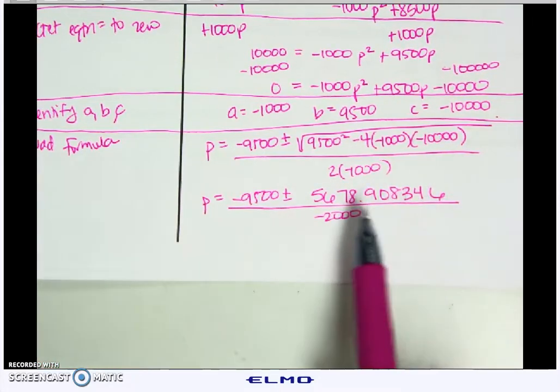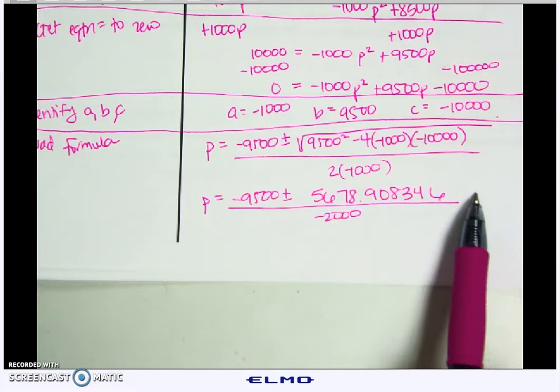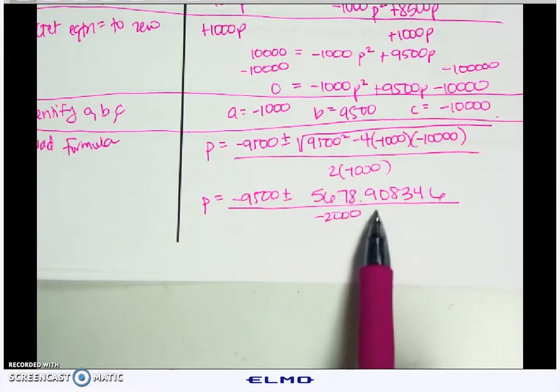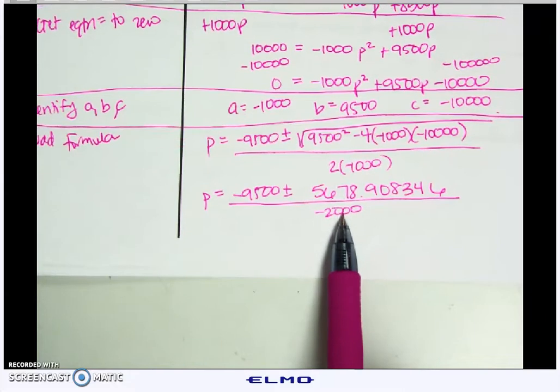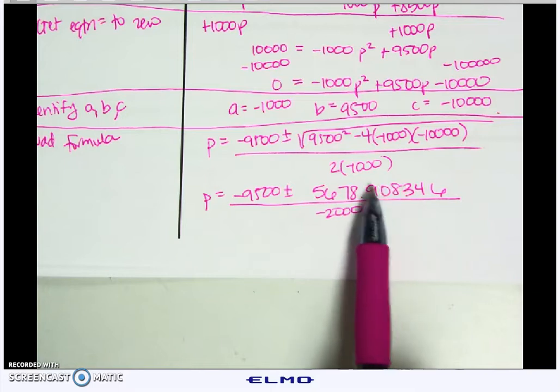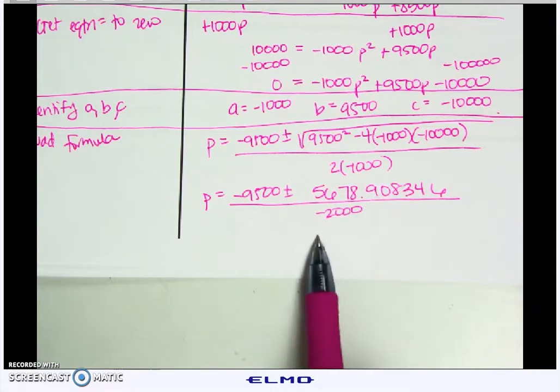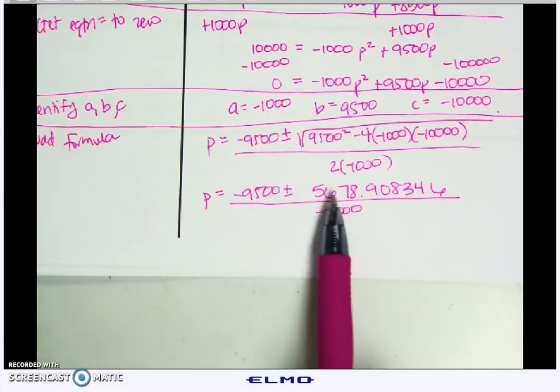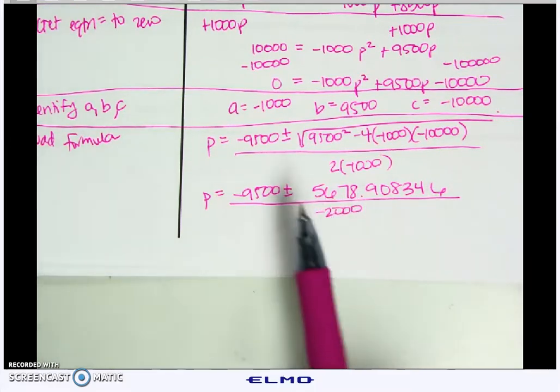Some of you might be asking, do I have to write out all the decimals? And my answer is you should be as precise as you can because we're not done with the problem yet. When you round an answer partway through a problem, your answer at the end will be a lot further off than what you wanted it to be. So try and keep this as precise as you can.